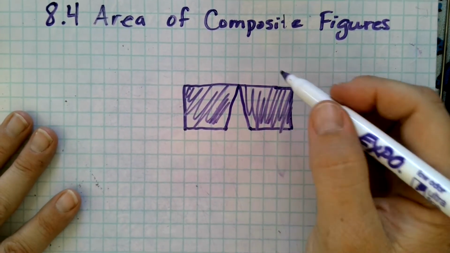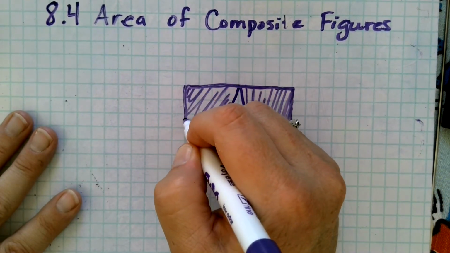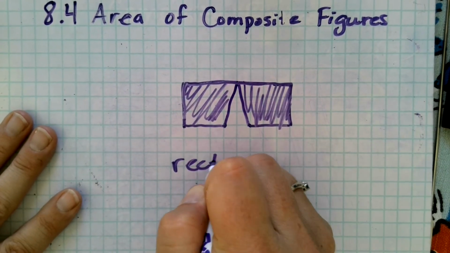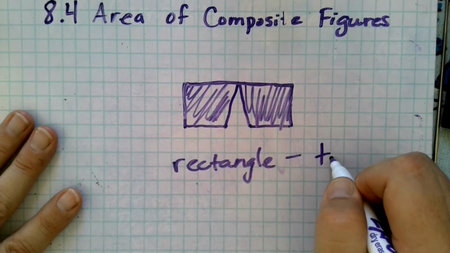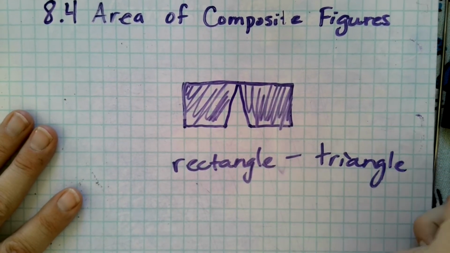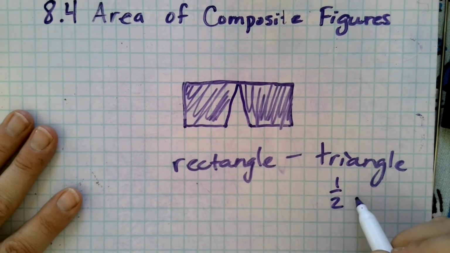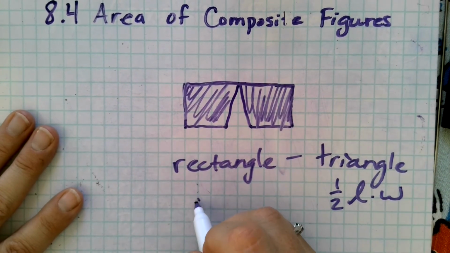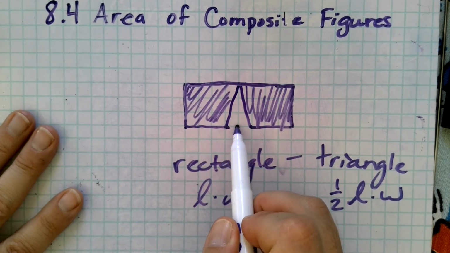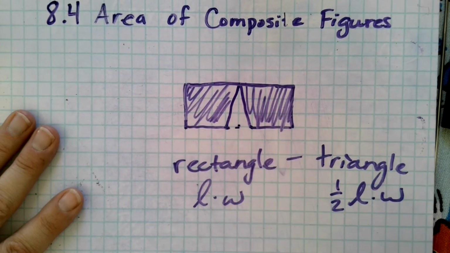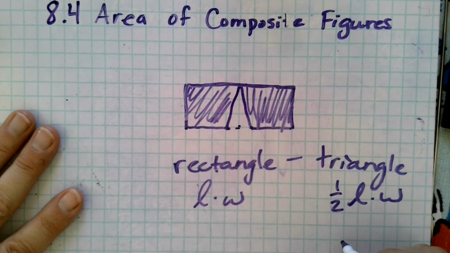And that is going to be to find the area of the entire rectangle and subtract the area of the triangle. Remember, which is 1/2 length times width, and this is just length times width. So you're going to have different dimensions. So this width here is 1, and the height of this is 3. So you're going to have 1/2 of 3 times 1.